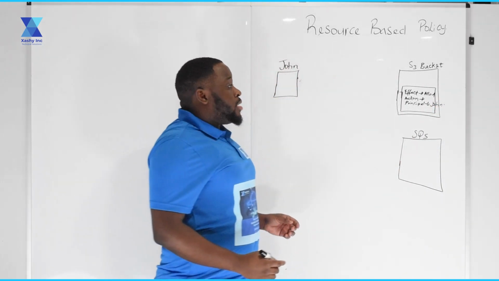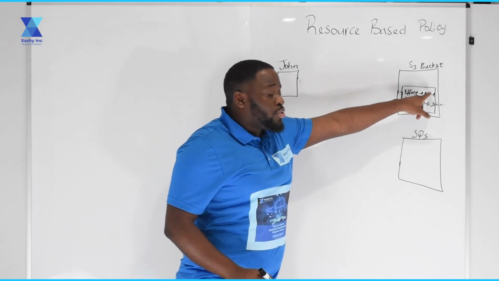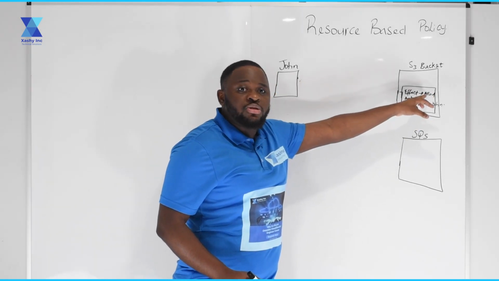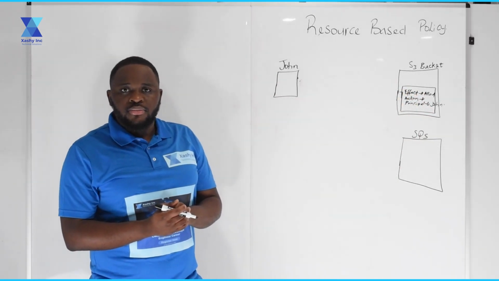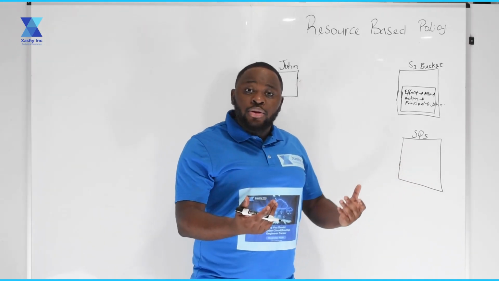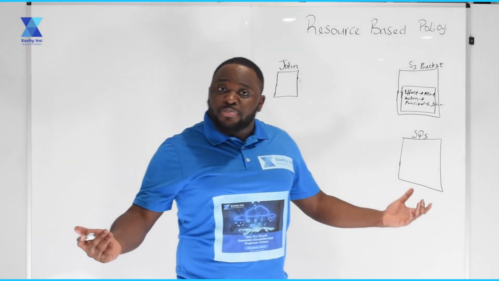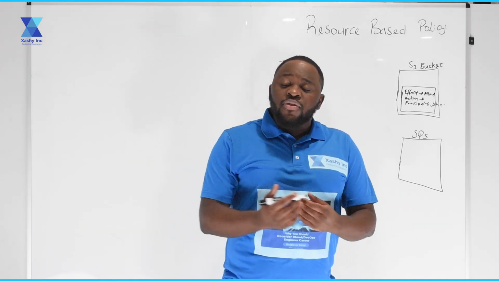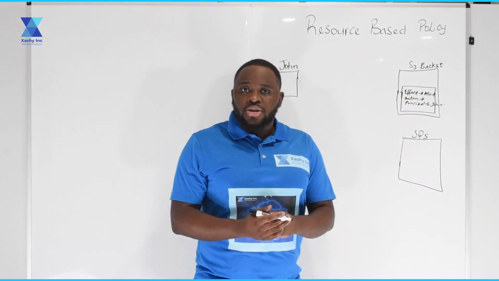That means that John, who is an IAM user, is allowed to perform those actions you specify in this resource-based policy. So, a resource-based policy is one other way of allowing identities and other principals to make calls to the resource that the policy is attached to.